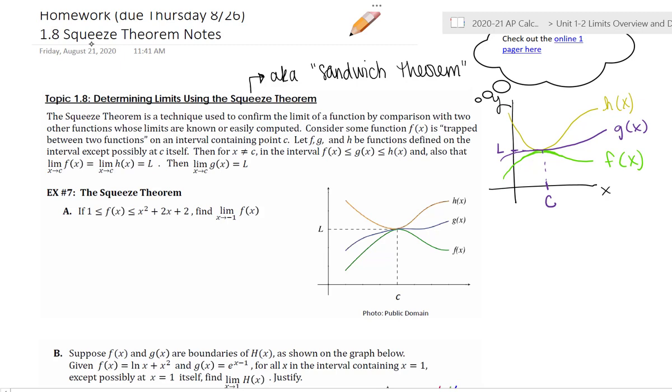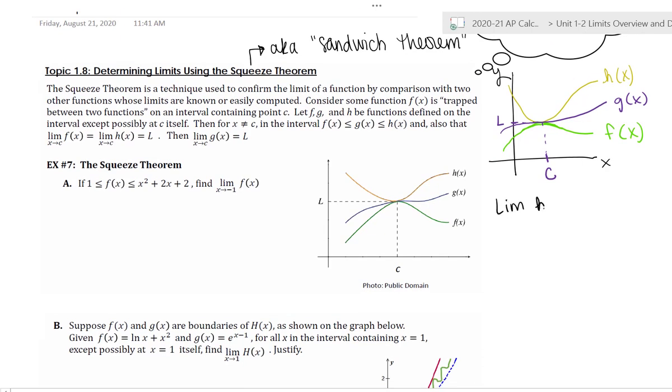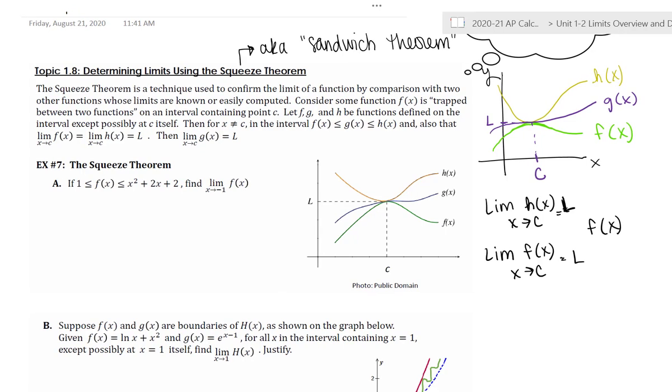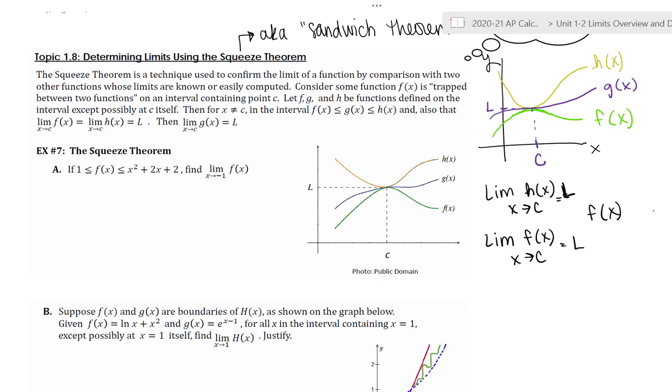We're saying that the limit of h of x as x approaches c equals L, and the limit of f of x as x approaches c is also L, and you know that g of x is greater than f of x and less than h of x.